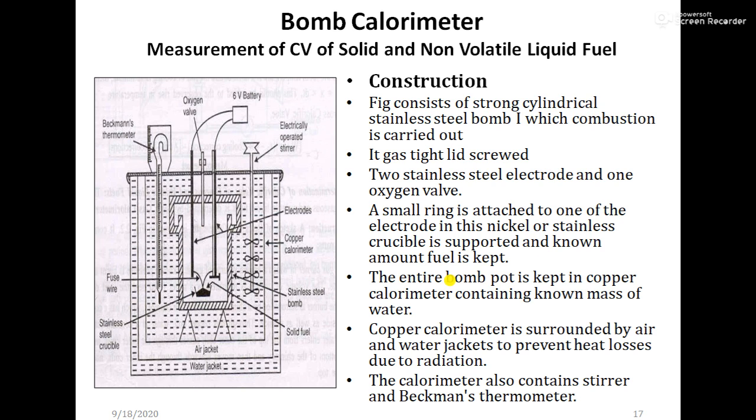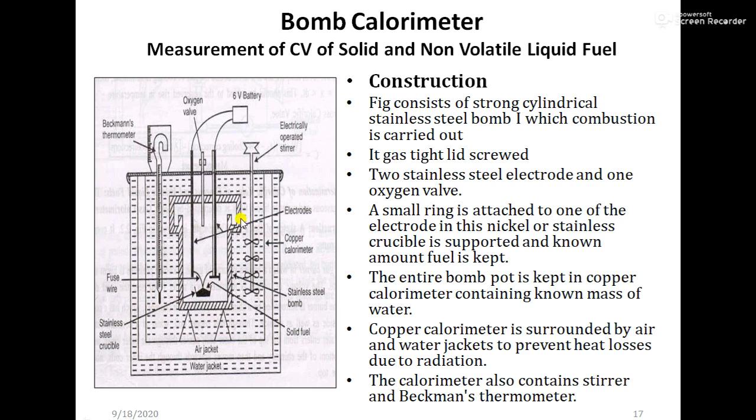So two electrodes are there. Out of that, one electrode has a ring attached, and on that ring a stainless steel or nickel crucible is placed, and in that crucible a known amount of fuel is kept. The entire bomb pot is kept in a copper calorimeter containing a known mass of water.